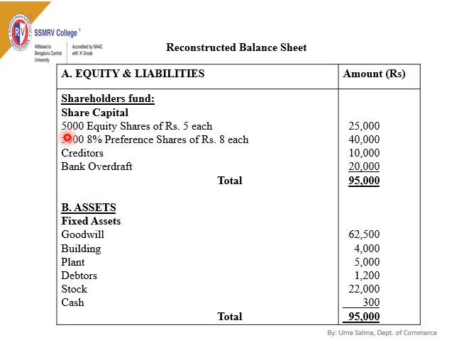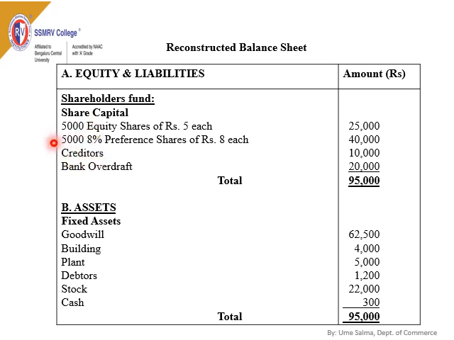So we will show this as 5 in our balance sheet. It comes to 25,000, and then 5,000 8% preference shares of rupees 8 each. Earlier it was 10, so reduced to 8, it comes to 40,000. We have shown this under the liability side, and these are the adjustments for the share capital.